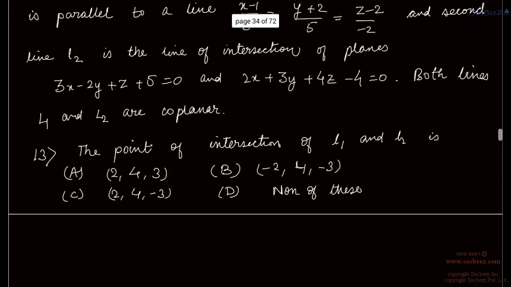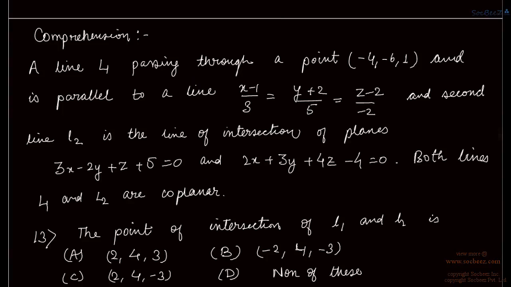So we have the equation of line L1, because L1 is passing through this point and is parallel to the given line, so the direction ratios of both lines should be the same.